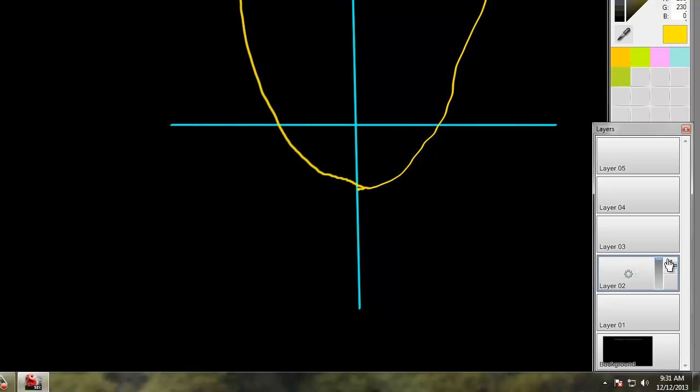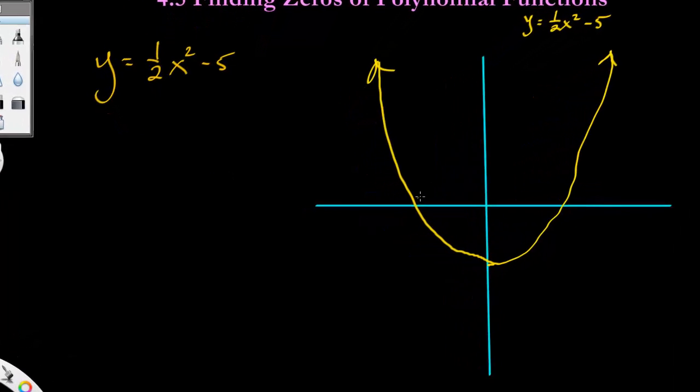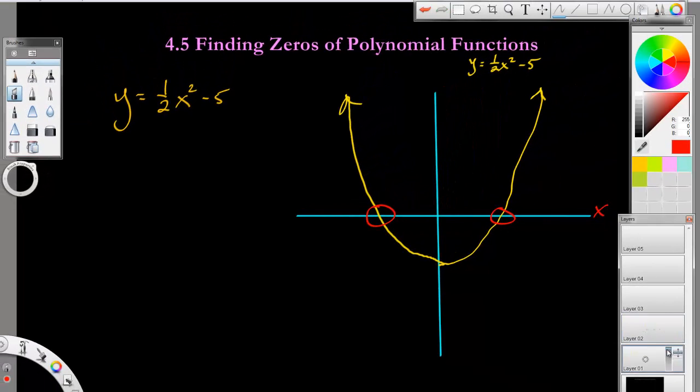But what I want to show people is what a zero is. All right, so now I'm going to go ahead and start the presentation of what a zero is. A zero is basically where this graph crosses the x-axis. Here's the x-axis. So we have two zeros here. Okay, a zero is, tell you what, let me undo that because I want to put that on layer 1 here.